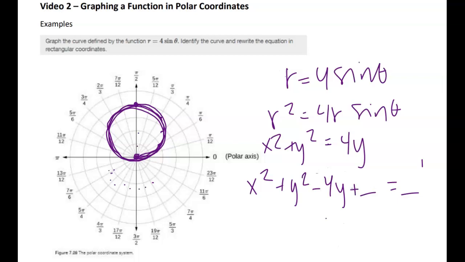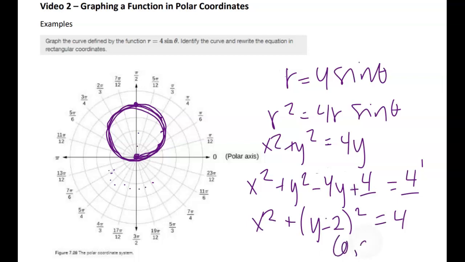So 2, 4, 4, and so I get x squared plus (y minus 2) squared equals 4. So I'm at 0, 2 as my center with a radius of 2, and that makes sense, right? That maps there.